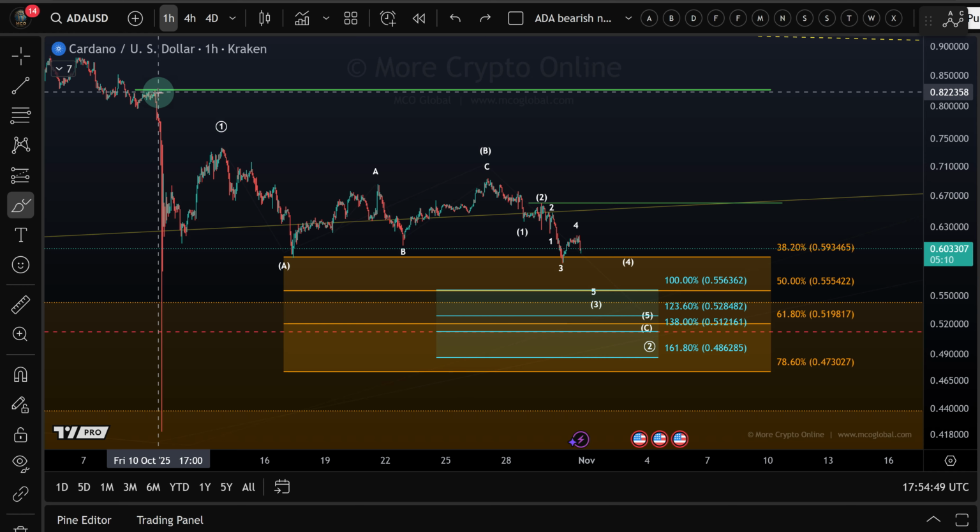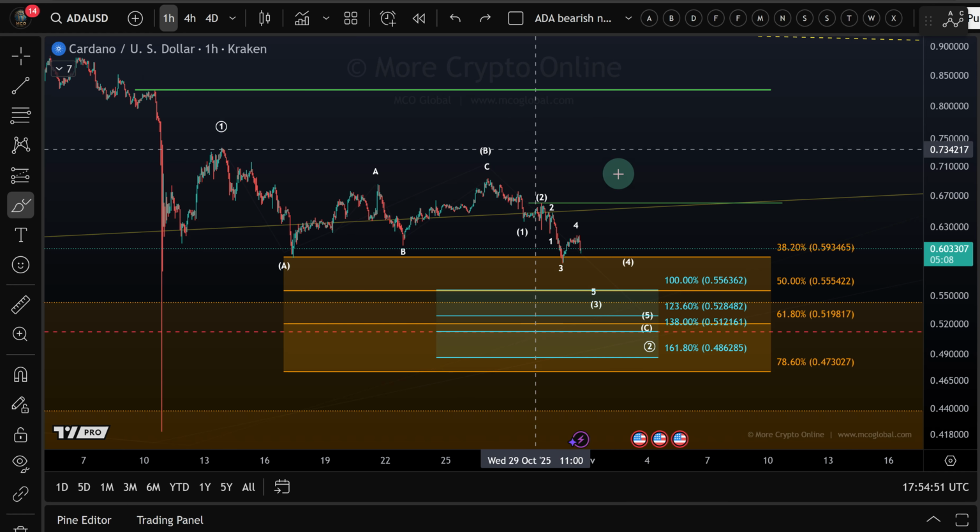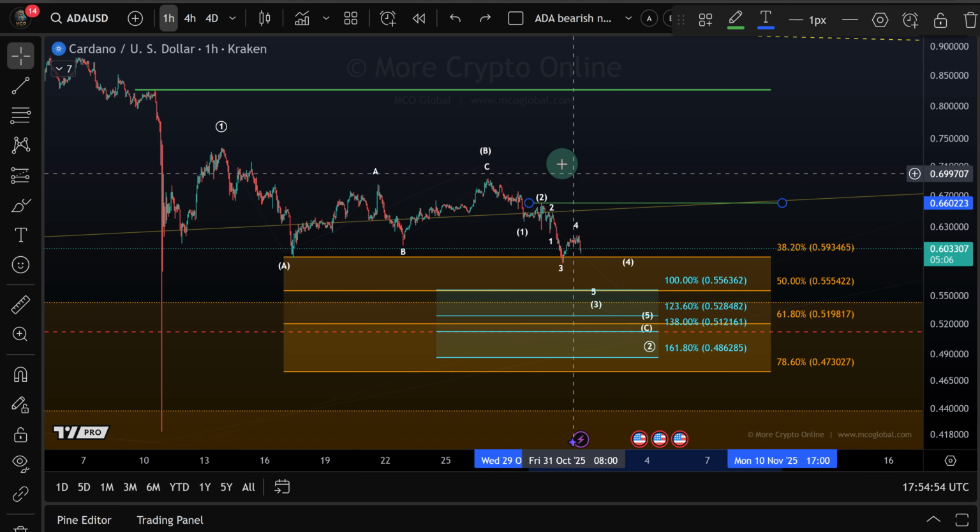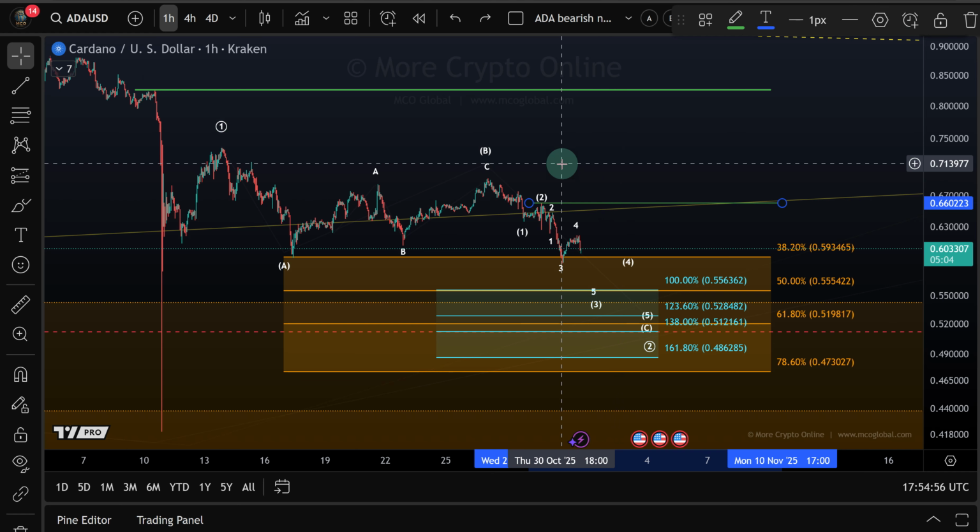So short-term downside pressure is elevated, especially as long as we stay below the 66 cent level. The market should be moving towards 55 cents or lower. Above 66 cents, we might need to adjust, but that doesn't mean it's necessarily bullish. It might be short-term bullish, but it might just be an extension of the range.